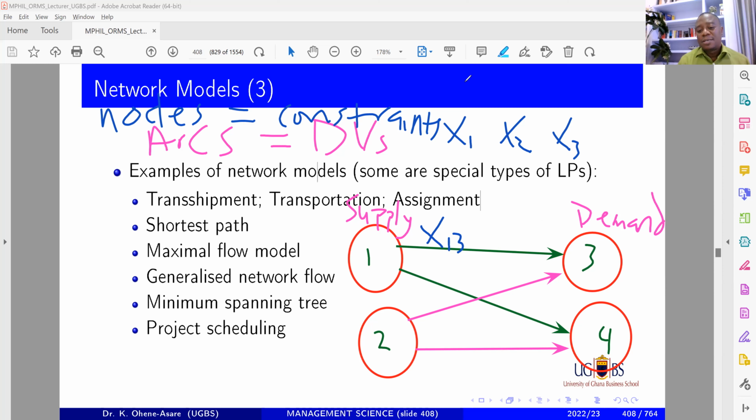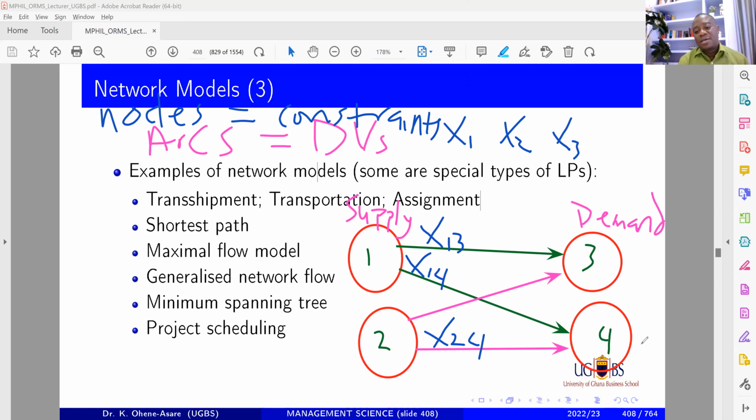The purple one, the one on top or the one below? The one below. Yes. So the decision variable is going to be X24 for this one. And the decision variable for supply node 1 to 4 is going to be X14. Watch the way I'm naming them.